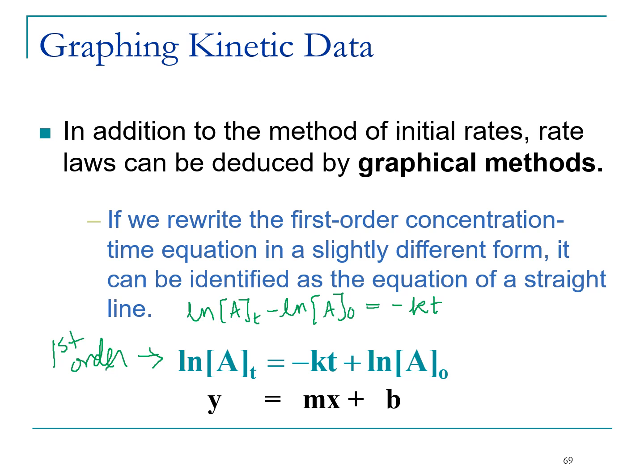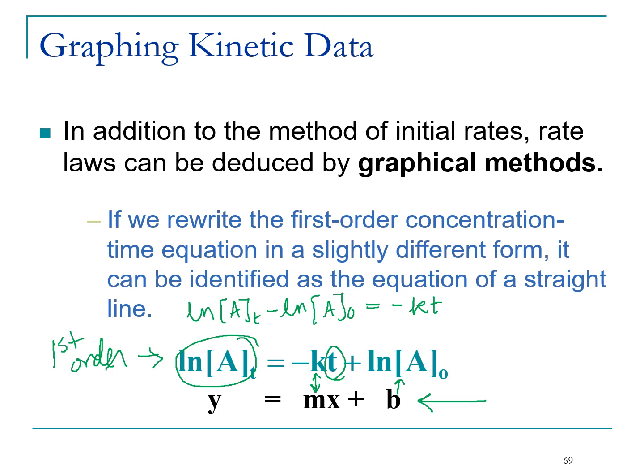You know that this is the equation of a line, so what does this tell us? If we plot time on the x-axis versus the natural log of the concentration on the y-axis, then if it's first order, we should get a straight line where the slope is the negative k value, and the y-intercept is the natural log of the initial concentration.